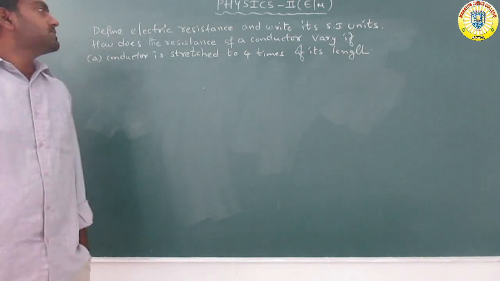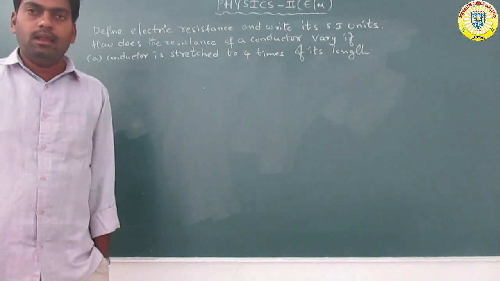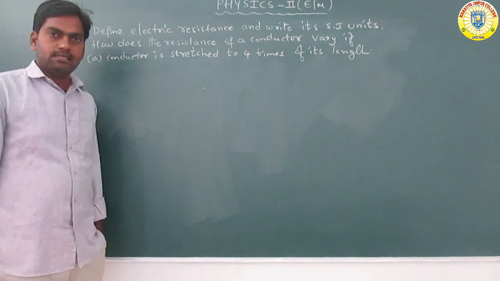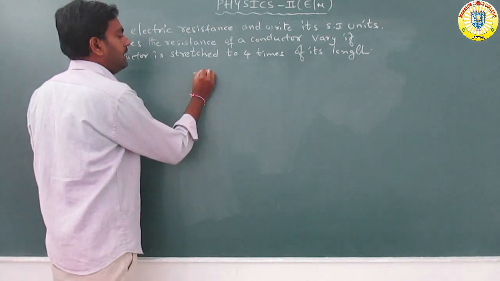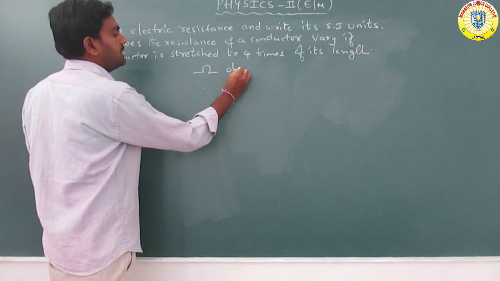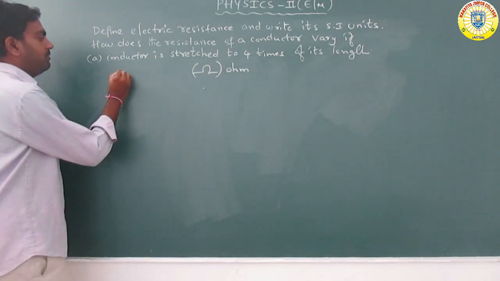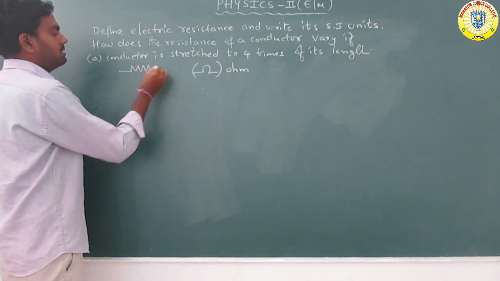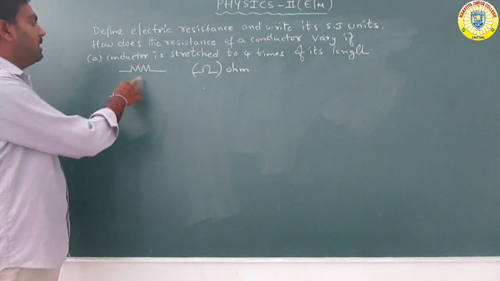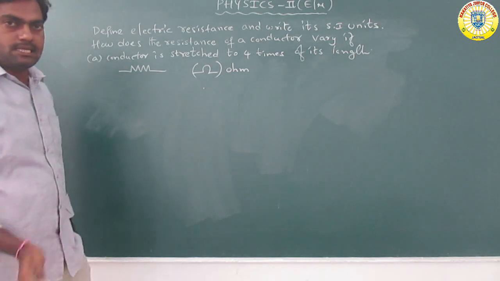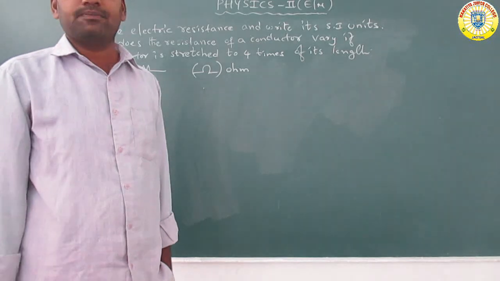Okay, got it. So first of all, what is electric resistance? The SI unit we can write is the ohm. Okay, this is the circuit symbol of a resistor, and its SI unit is the ohm.